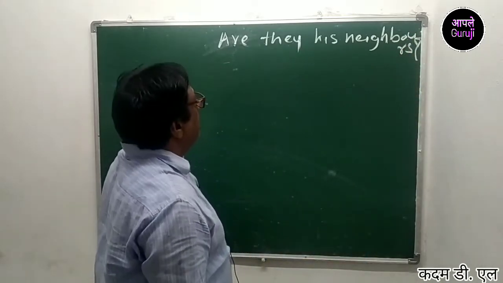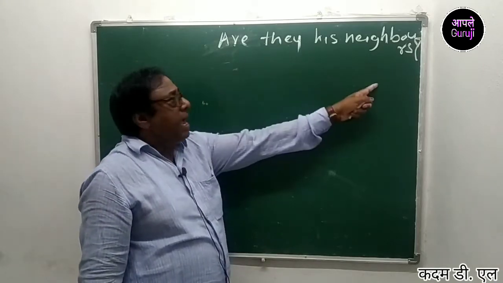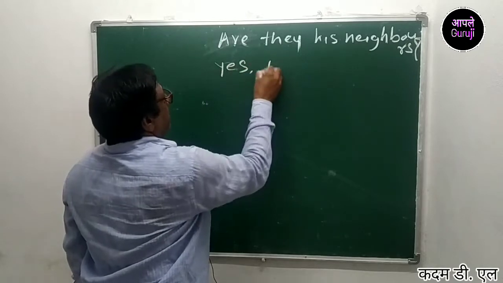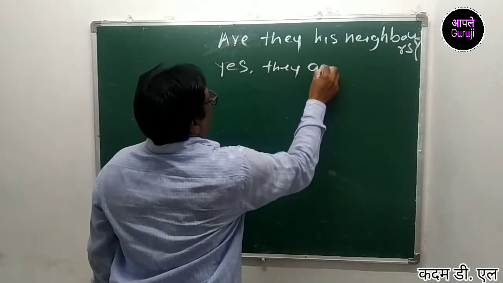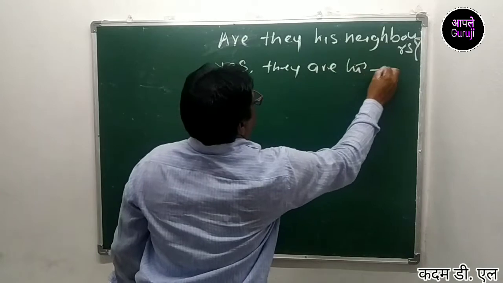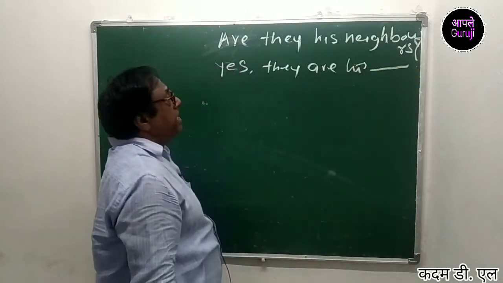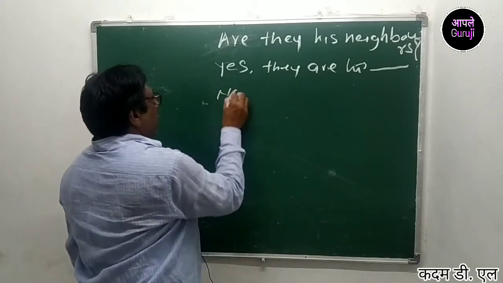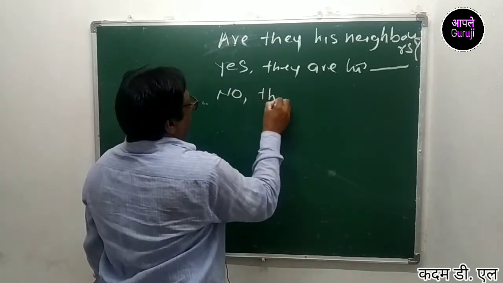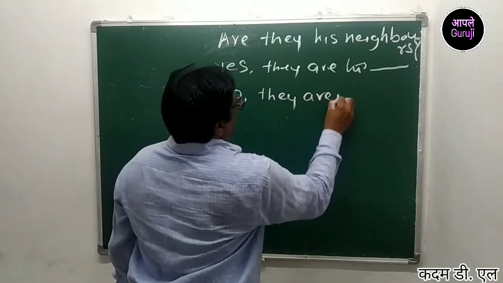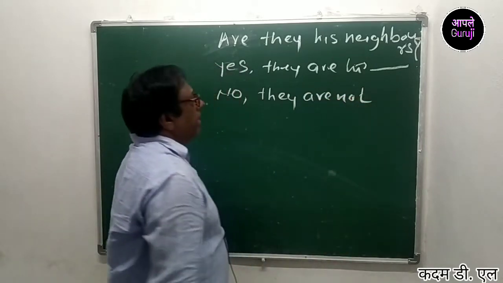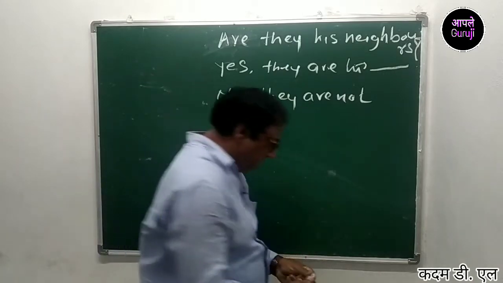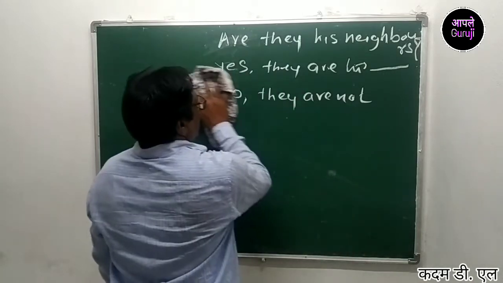Are they his neighbors? If yes, we say yes, they are his neighbors. If no, no, they are not his neighbors. This is called yes or no type of question. It's called yes or no type question.